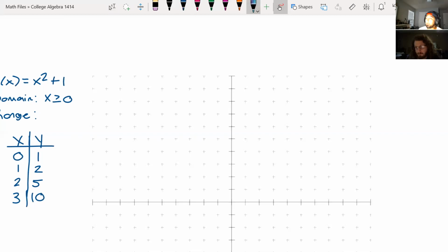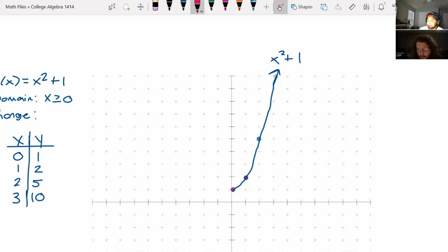So if I'm to plot the first function, you have 0, 1, 1, 2, 2, 5, and 3, 10. So here is x squared plus 1, a domain restricted x squared plus 1.